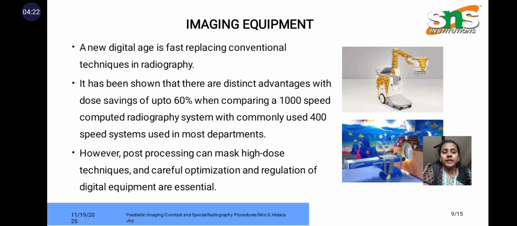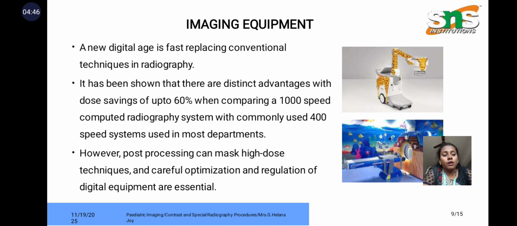It has been shown that there are distinct advantages with dosage, which saves up to 60% when compared to the speed of a computed radiography system. However, some post-processing techniques may increase the radiation dose to pediatric patients.